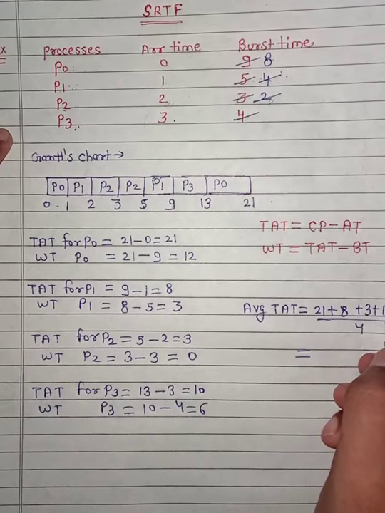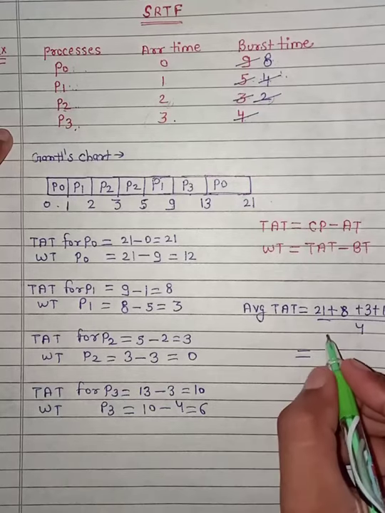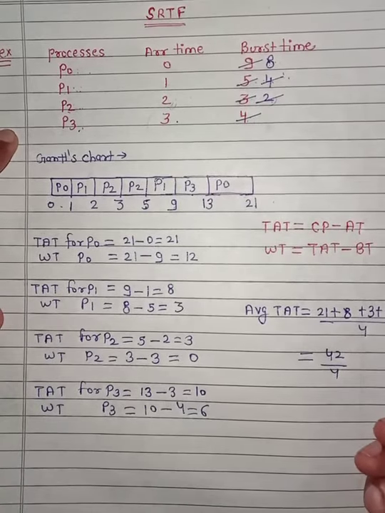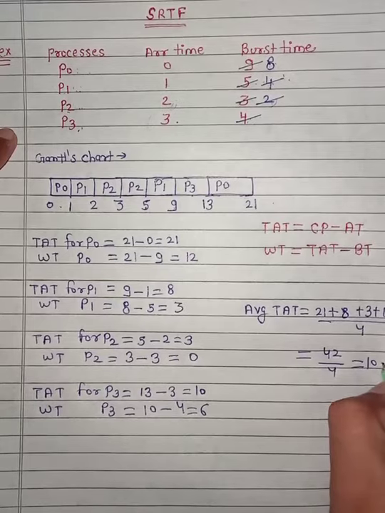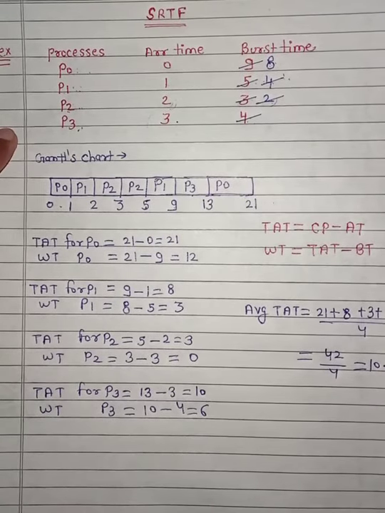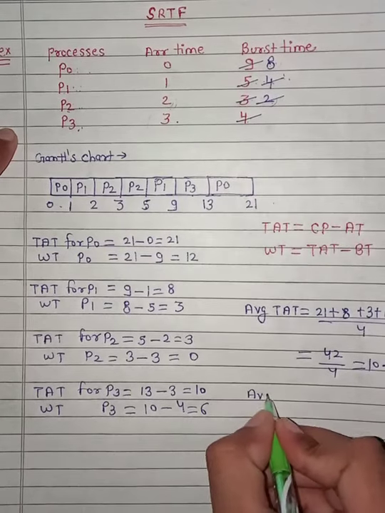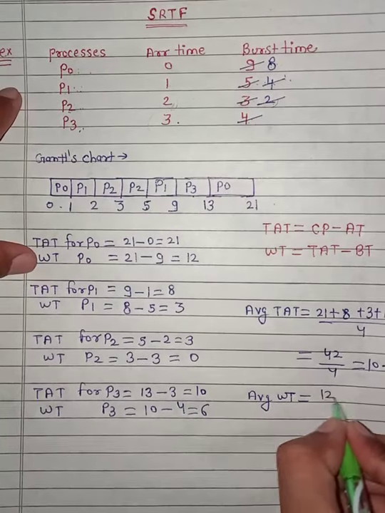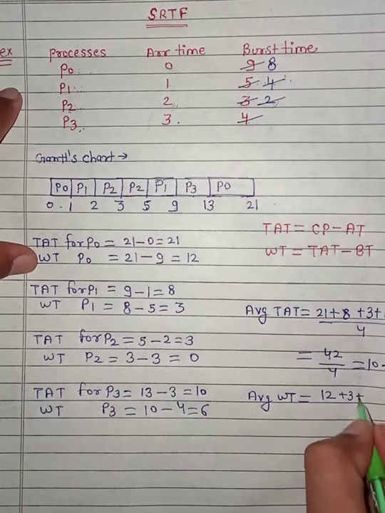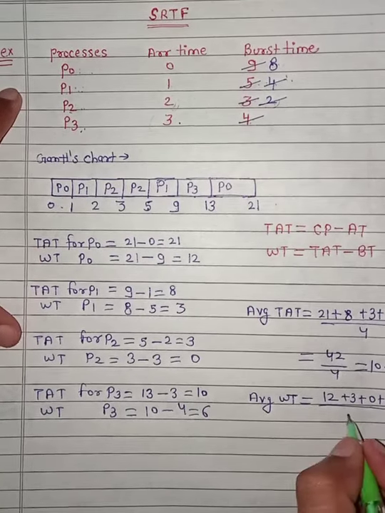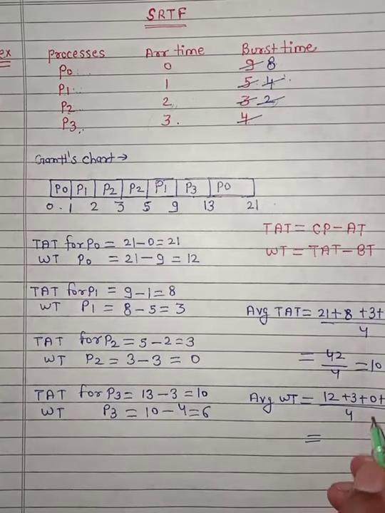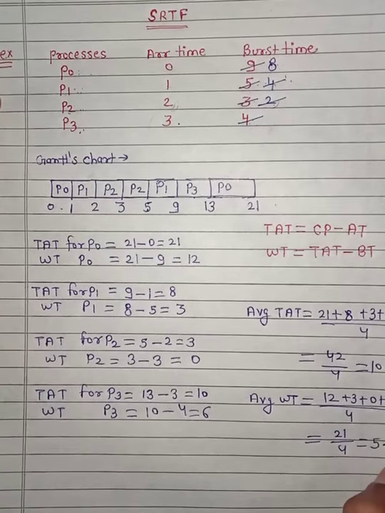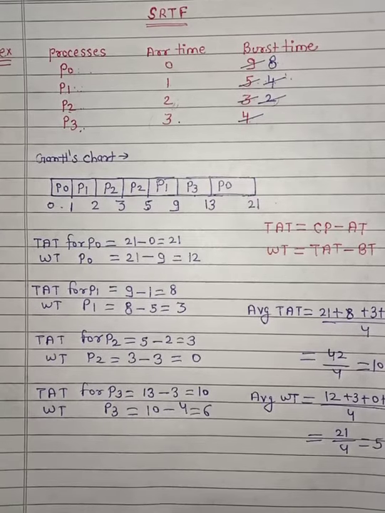So the average turnaround time is 10.5, and the average waiting time is 12 plus 3 plus 0 plus 6, divided by 4 because there are 4 processes. So 5.2 units of time.